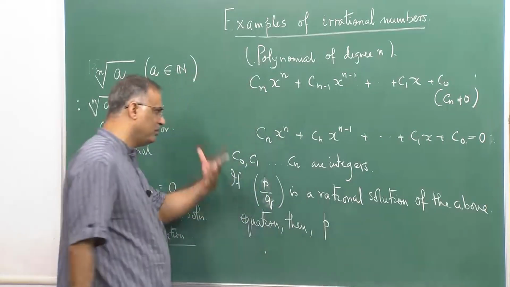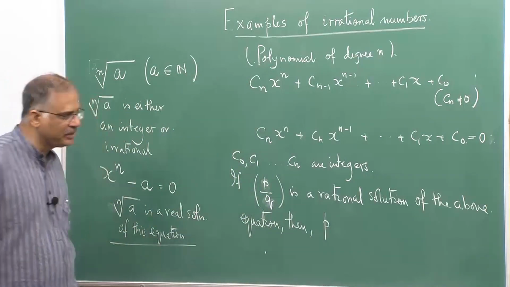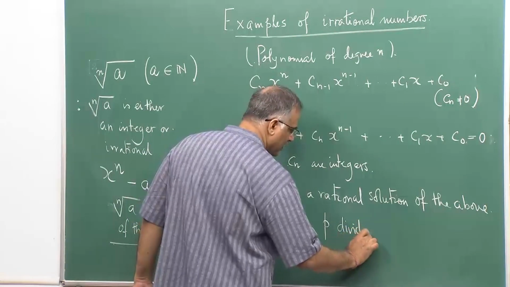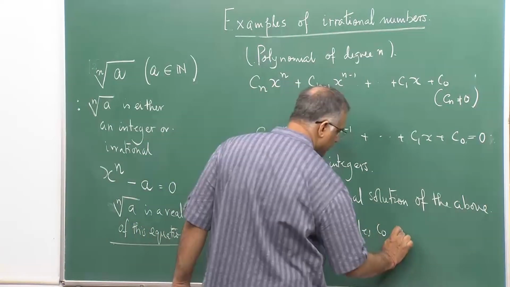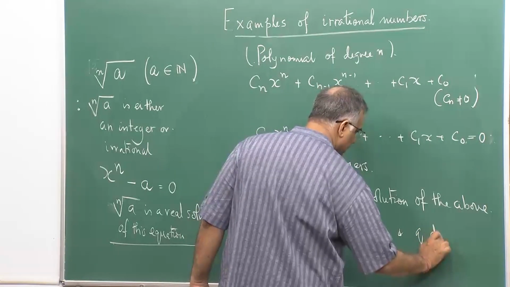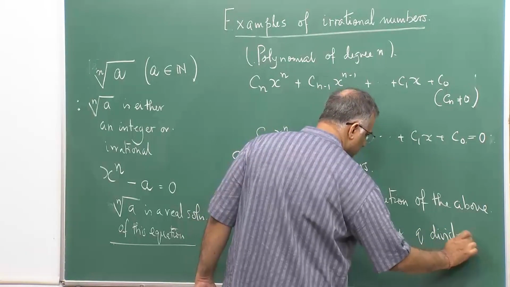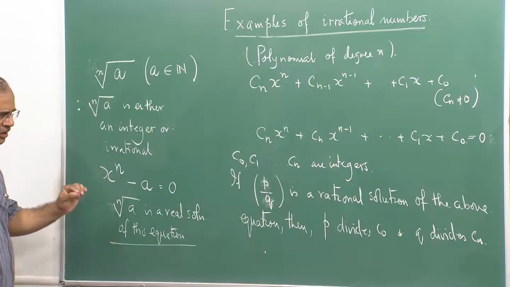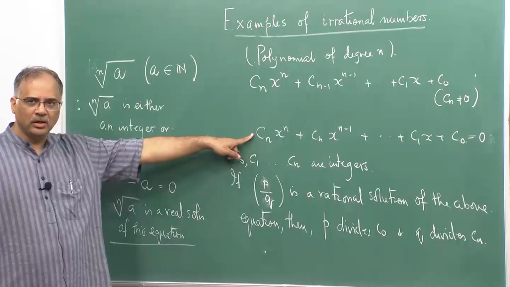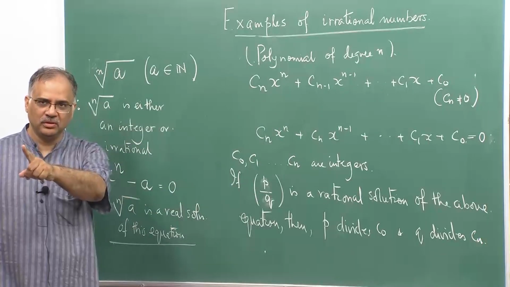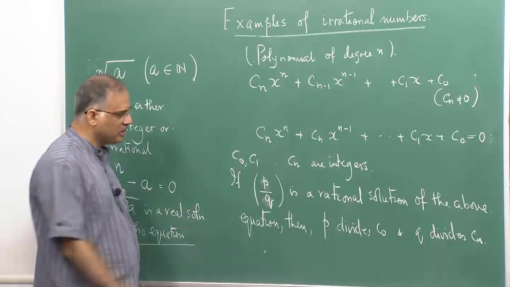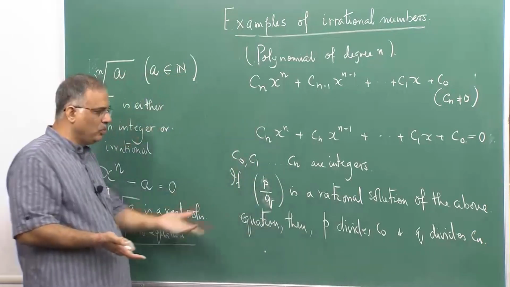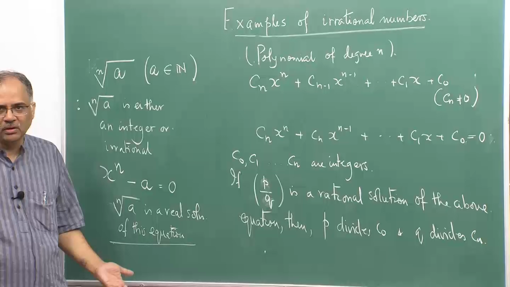But this all comes from a very simple result, this all comes from prime factorization. P divides C0 and Q divides Cn. From this we can make a very interesting conclusion that if Cn is equal to 1, then Q must also be 1, because there is no integer other than 1 or minus 1 which can divide 1.